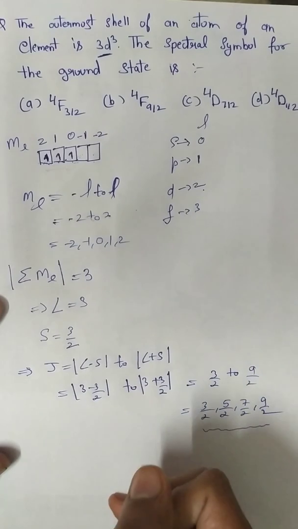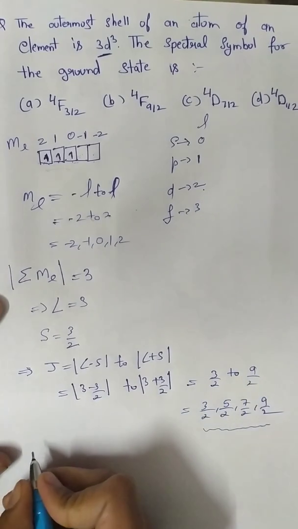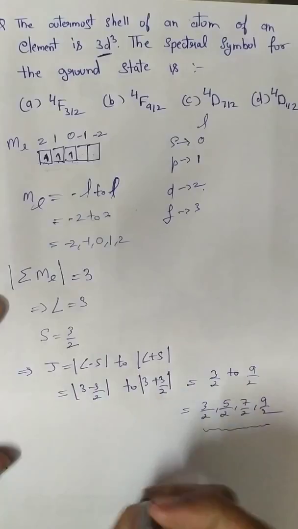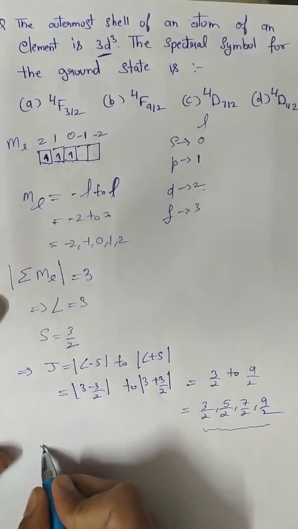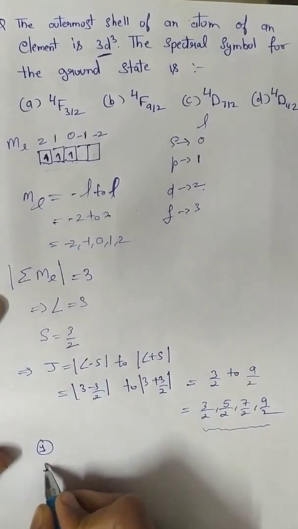For that you need to apply Hund's rule once again. There are two major points of Hund's rule.